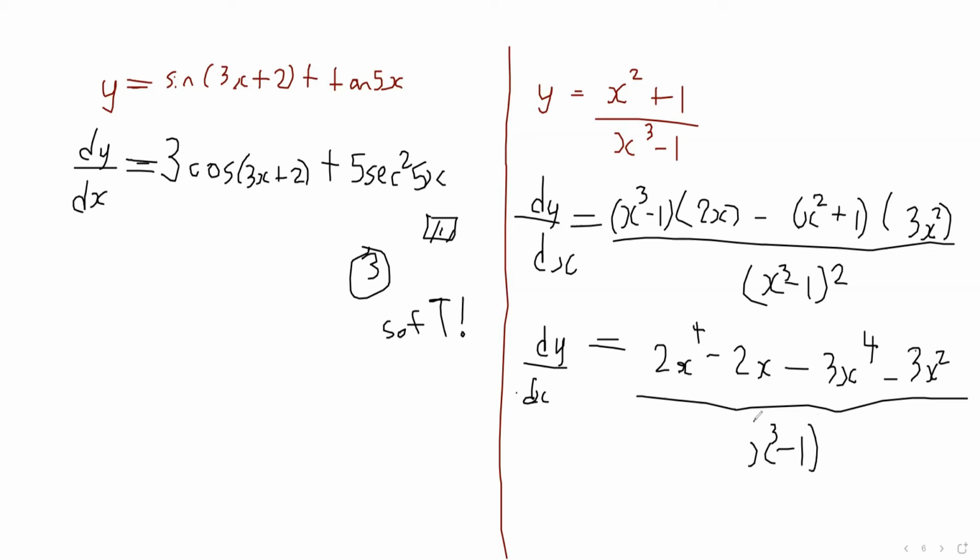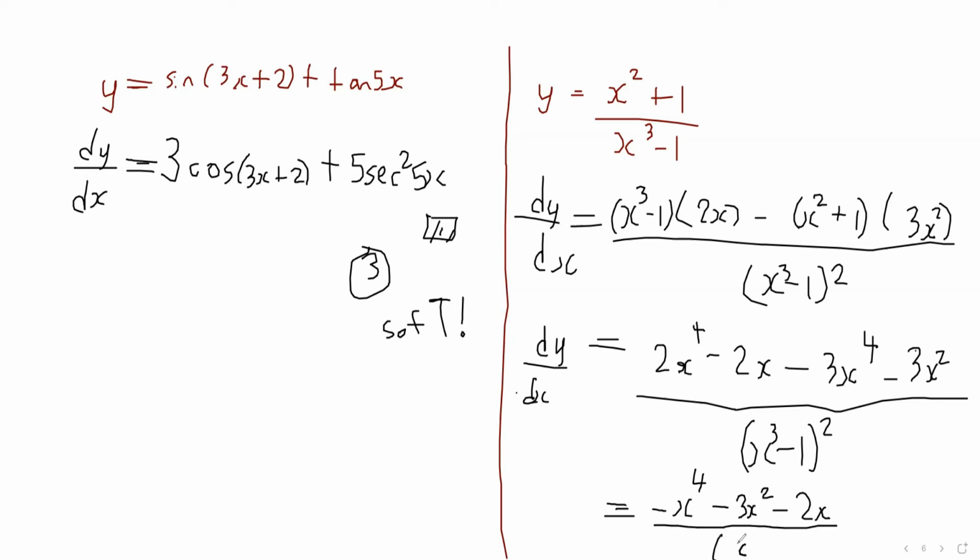When we work it out, you just need to group like terms. 2x to the 4 minus 3x to the 4 is minus x to the 4. So that's minus x to the 4 minus 3x squared minus 2x, over x cubed minus 1 all squared.